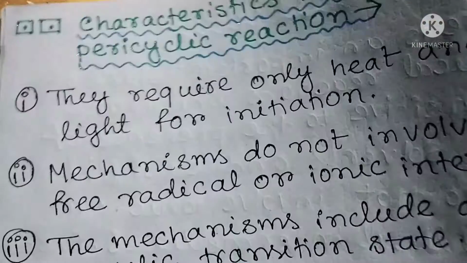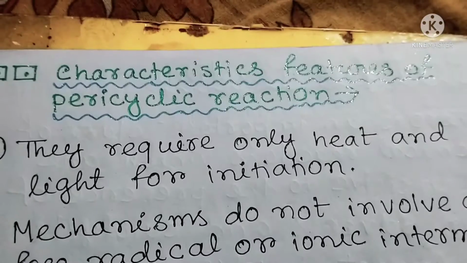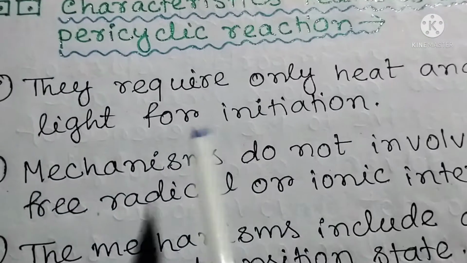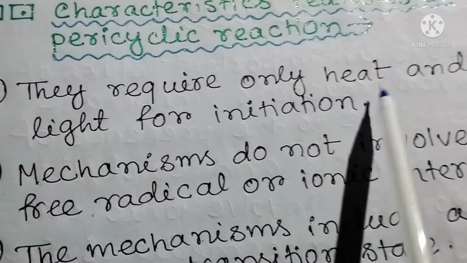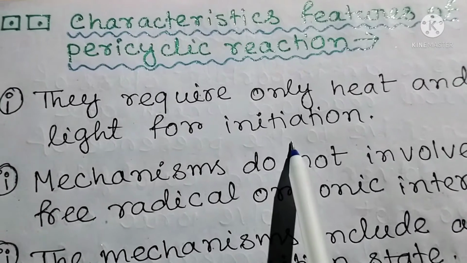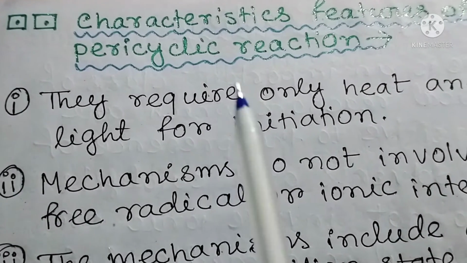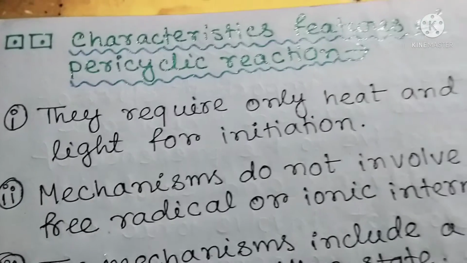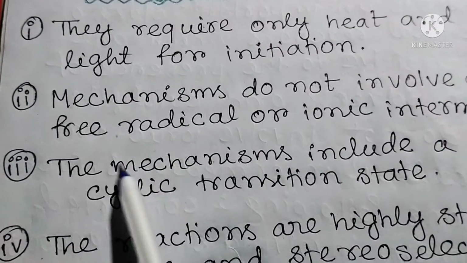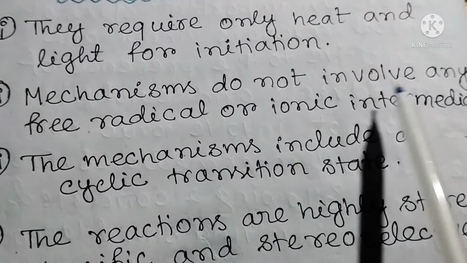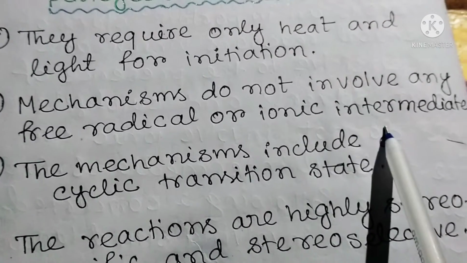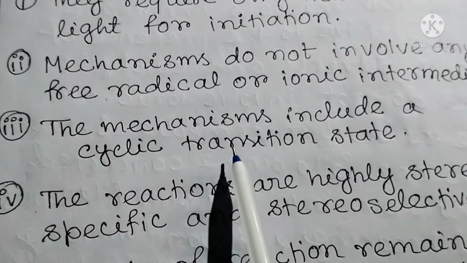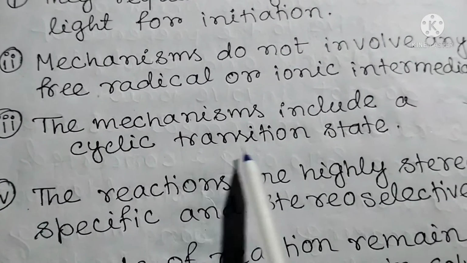What are the characteristic features of pericyclic reaction? First one is they require only heat and light for initiation. Next one is mechanisms do not involve any free radical or ionic intermediate. The next one is the mechanisms include a cyclic transition state.